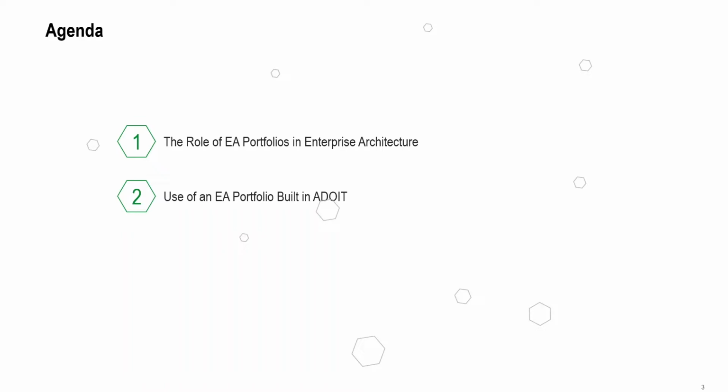And we'll move on to the second part, which will be focusing on the use of such an EA portfolio perspective and approach, and how we would build it within ADOIT, and really giving you some insights into how customers benefit from such portfolio strategies within our tool. So let's start it off with the role of EA portfolios in enterprise architecture.